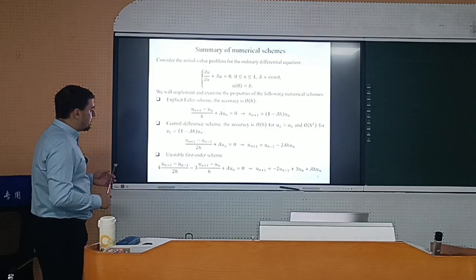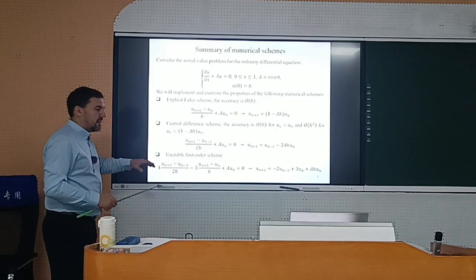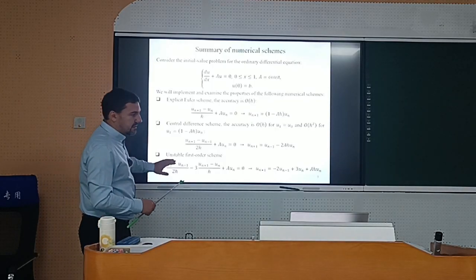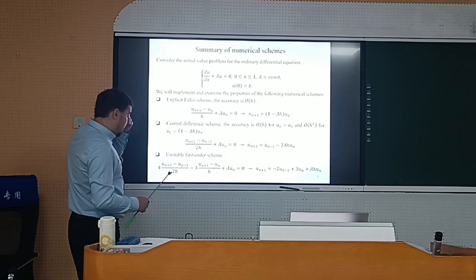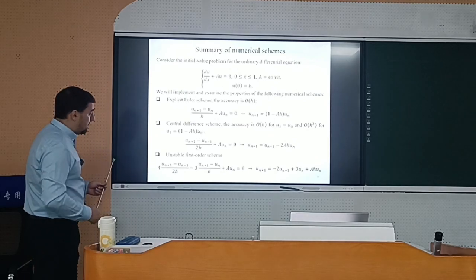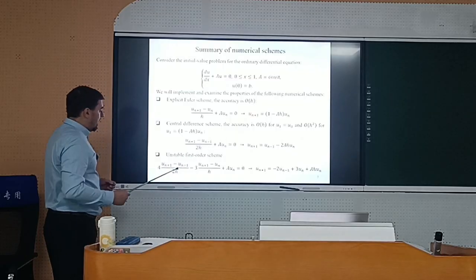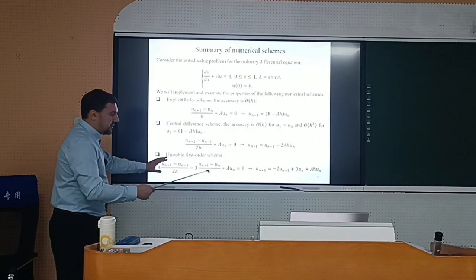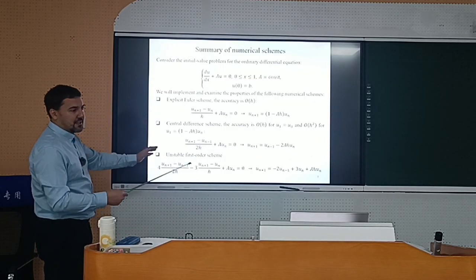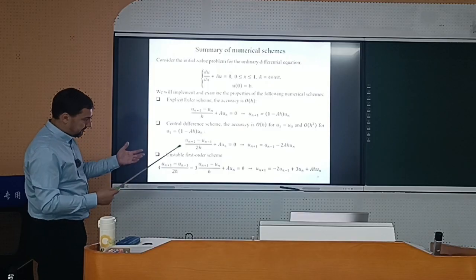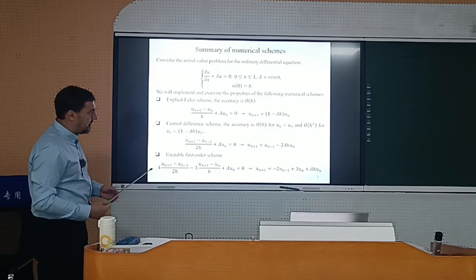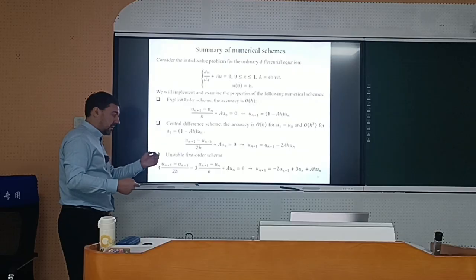And finally, we also discussed an example showing that consistency is not enough. I provided you with this example. This is a first order scheme, big O of h. It's a sort of blend between a first order scheme and a second order scheme. And finally, the numerical approximation for d over dx will be the first one.